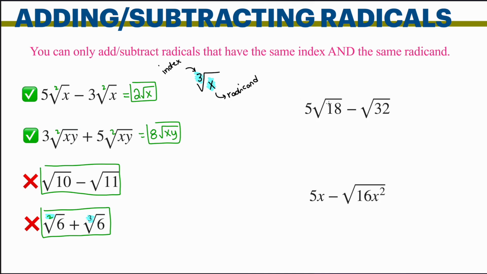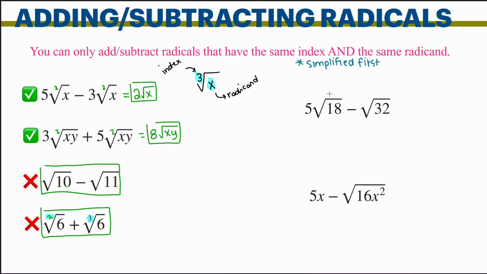So at first glance, this one on the right looks like it cannot be added or subtracted. However, the next part of this is you need to make sure that they are completely simplified first. For example, the square root of 18 is not simplified.